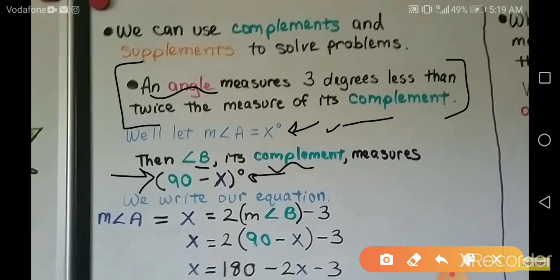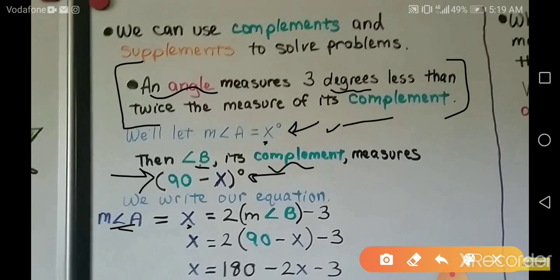So we will write our equation now. Measure A equals x. Measure A equals, he said, 3 degrees less than twice the measure of its complement.